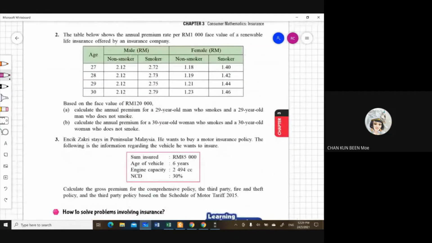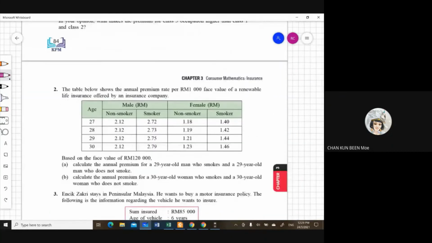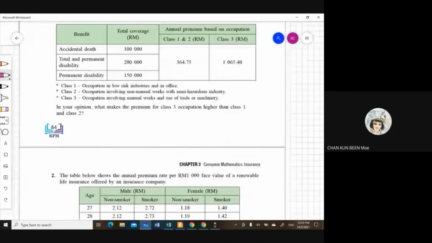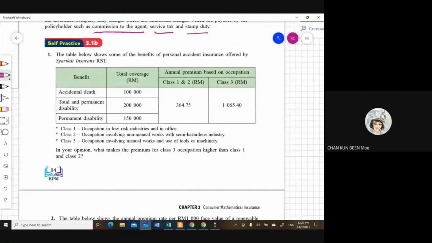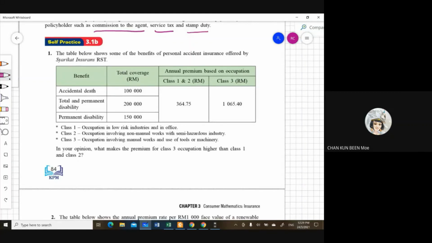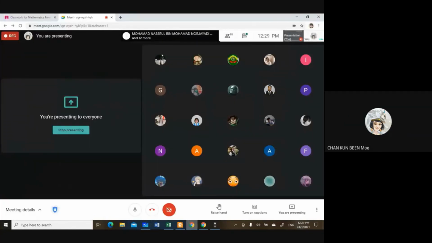Just make sure you know how to calculate it. I don't require you to copy down now because the question is very long. You can directly answer the question after you have written down the self-practice. Question number 1, you can straight away answer it. Three questions given to you as your homework. That's all for today. I'll see you on Friday again at 7:30.